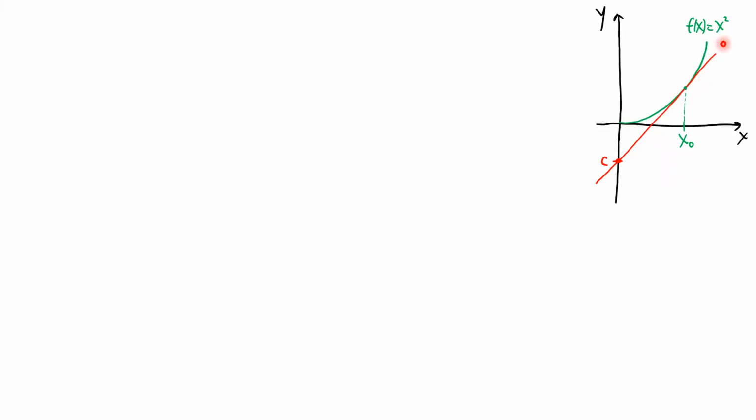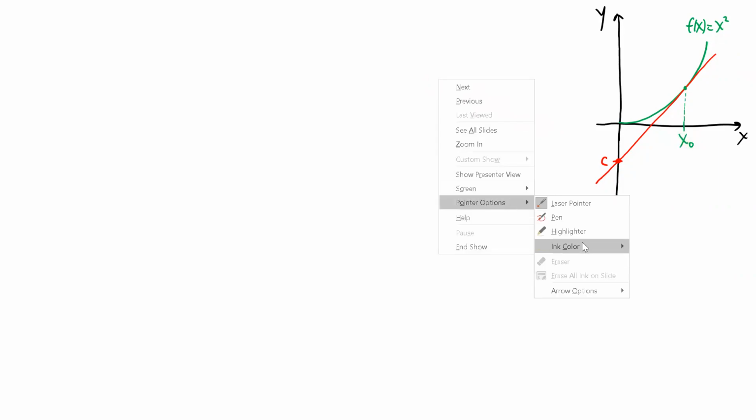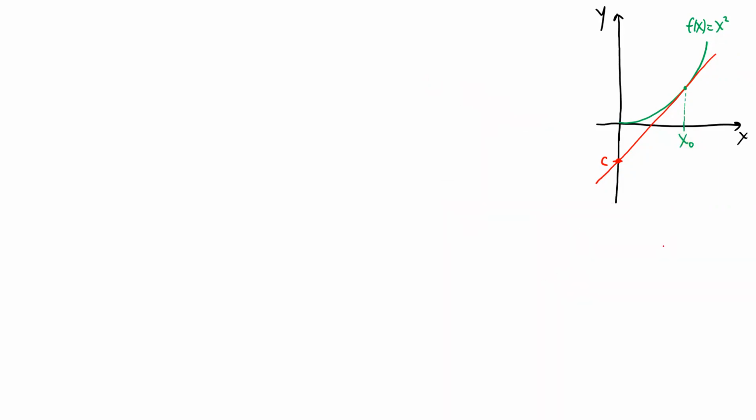So now look at the red line. The red line is just the tangent of this function at this value x0. So the equation of the tangent, that straight line, is simply given by y equals f prime x0 times x plus c.